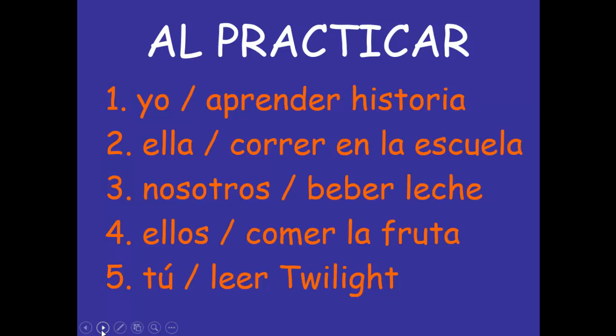So it'll be nosotros bebemos leche. It's good for your bones. Ellos, the verb is comer. We're going to drop the ER and add N. Ellos comen la fruta. And tú, leer, Twilight. Excellent series. We're going to drop the ER and put tú lees. Make sure you put the ES, so it'll have two E's. Tú lees Twilight.